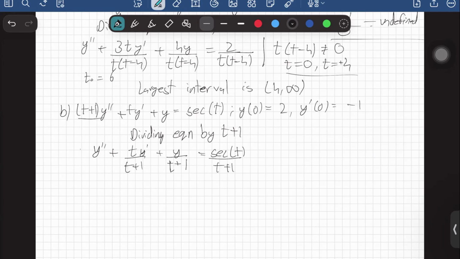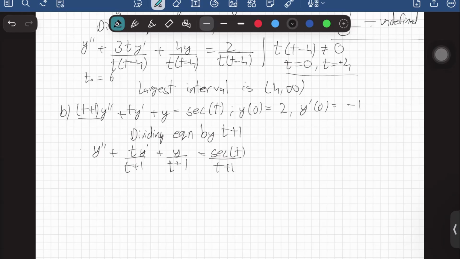One thing you'll notice is that we have a sec, which is a trigonometric function, right? And sec has some values where it's undefined as well, and we cannot have undefined values anywhere in the second order differential equation given to us.